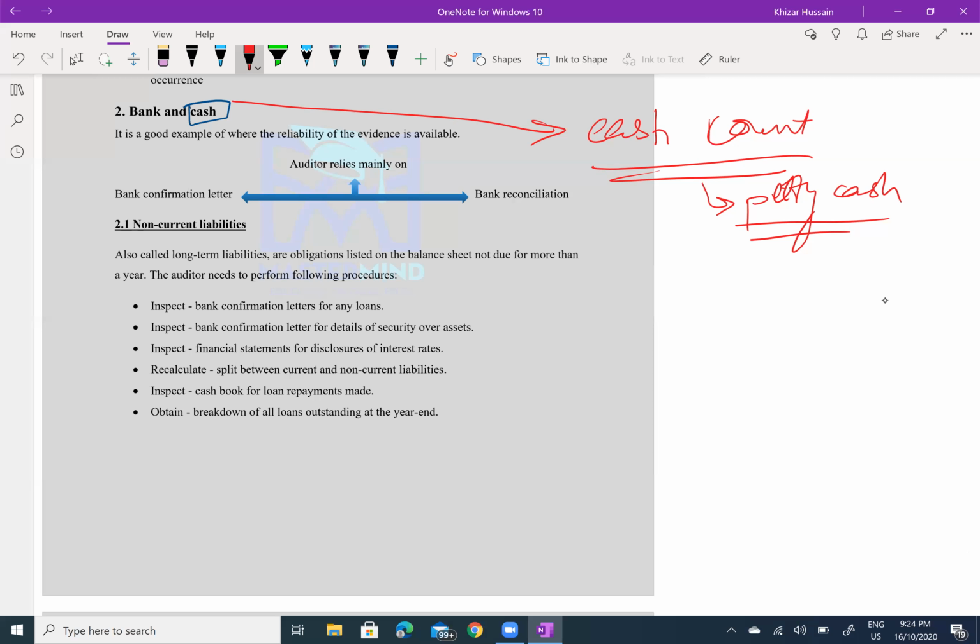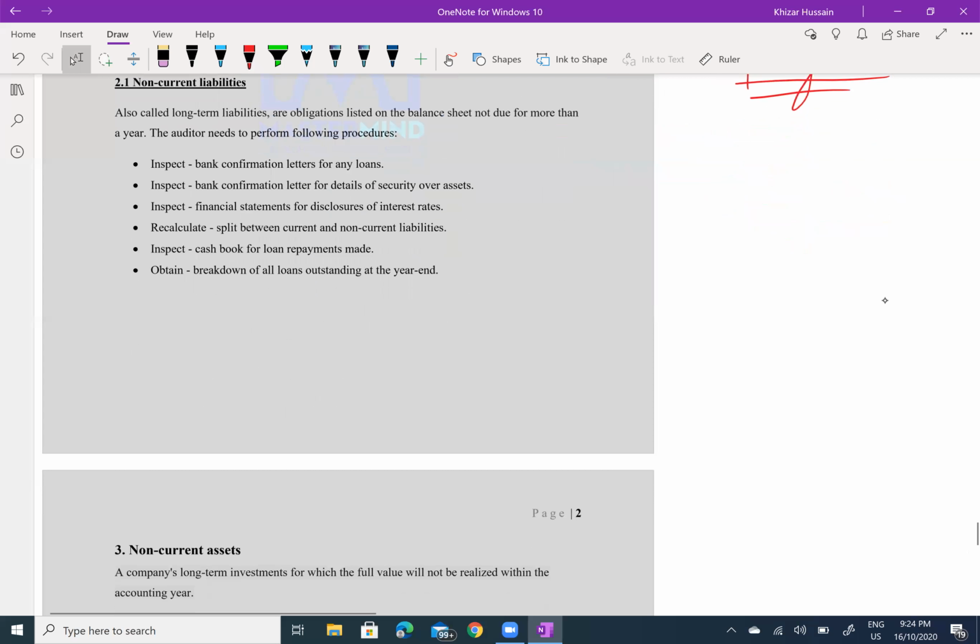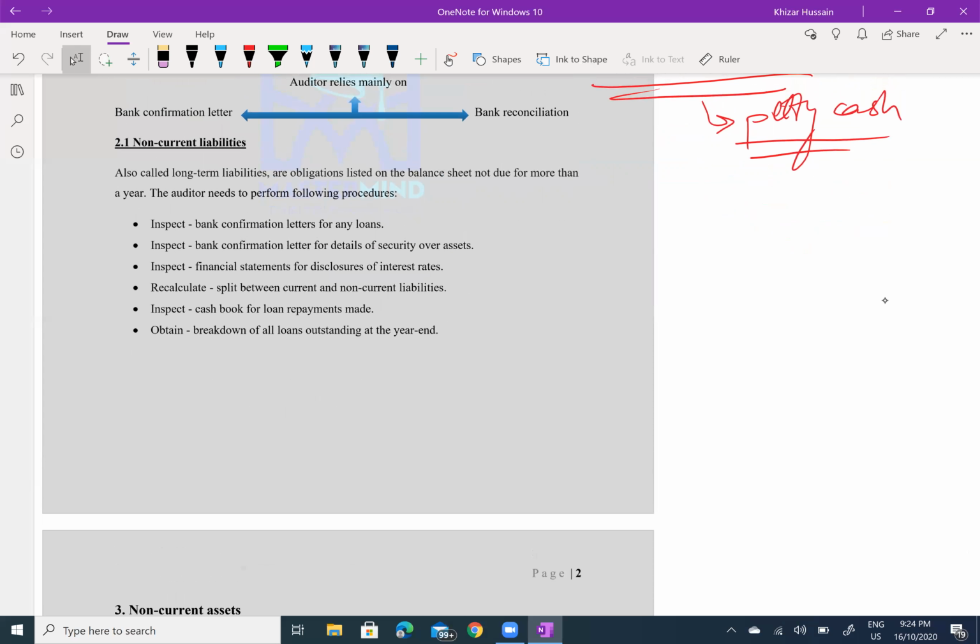Now, non-current liabilities is also an account balance, right? There are various ways of vouching or verifying the non-current liability balance. You need to inspect bank information letters for any loans. I just told you that.